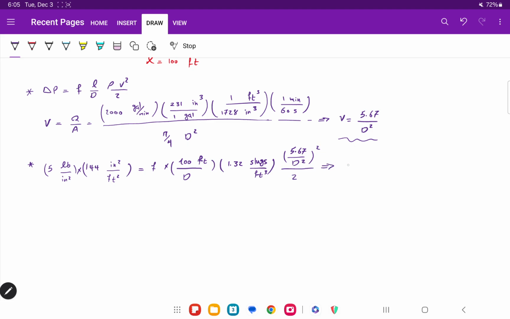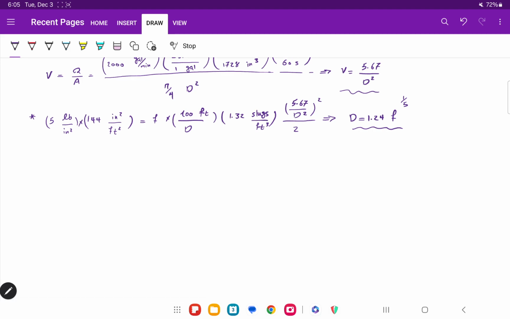So from this you can find that d equals 1.24 times friction to the power of 1 over 5. So this is the first equation.